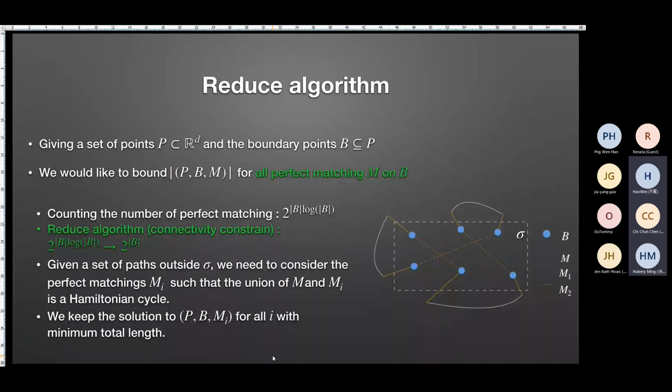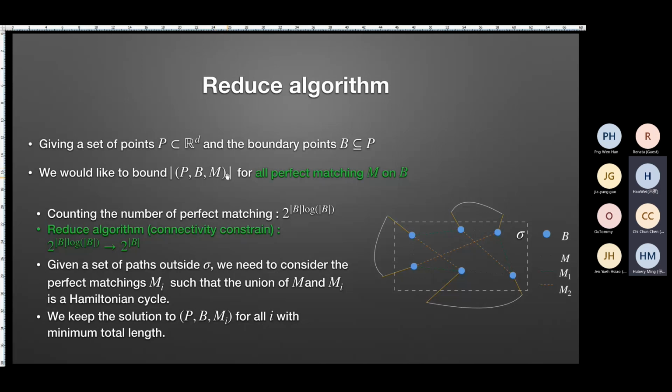Given a set of points P in Euclidean space and a set of boundary points B that is a subset of P, we would like to bound how many EPCs are possible for all perfect matchings M on B. That means we are given P and a subset B, and there are many choices for M, right?